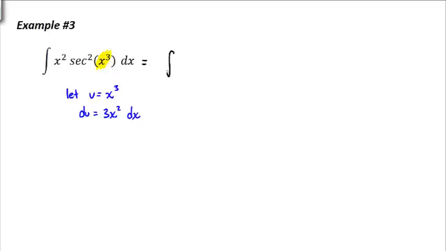I want it to be 3x squared secant squared x cubed. But I can't just multiply the inside by 3 because that's going to change it. So to balance it out, I'll just multiply out front by 1/3. Basically, I'm multiplying by 1.